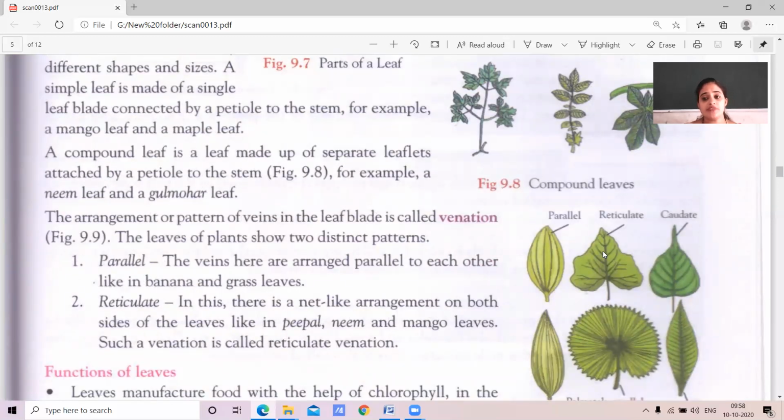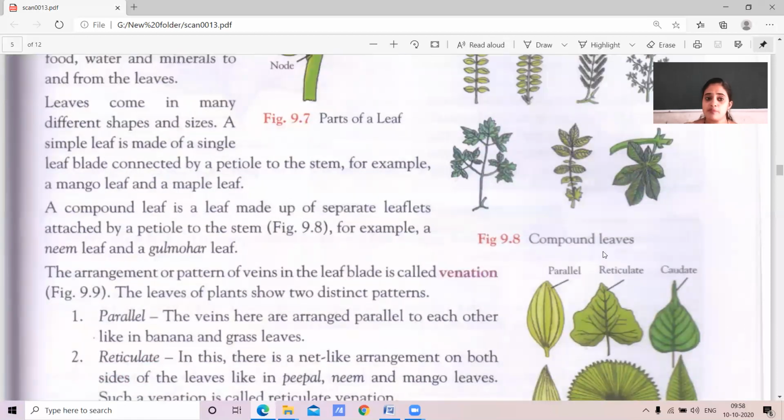So, the leaves are of two types: simple leaves and compound leaves. A simple leaf has a single midrib that is attached by means of a petiole to the stem. Coming to the compound leaf, it is made up of separate leaflets attached to the petiole region.